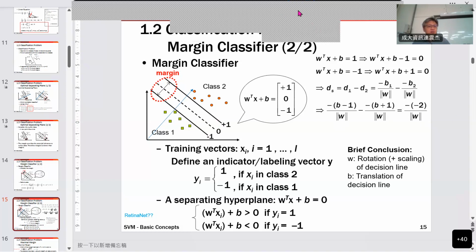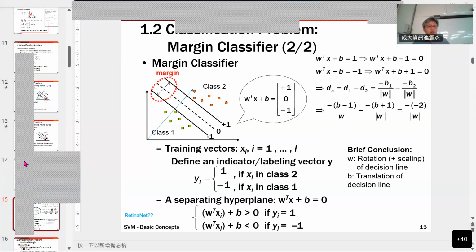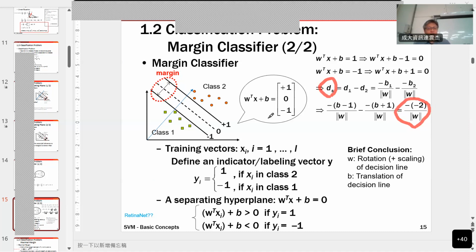That's important. The distance between the two parallel lines, the margin, is 2 units along the W vector.